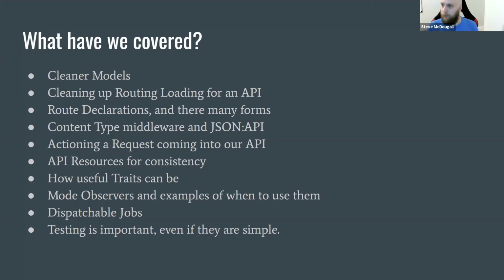Keeping our responses from our API consistent by using API resources, how useful traits can be, how to observe models and add additional behavior on key actions and events within our API, how we can use dispatchable jobs to background process less important synchronous actions that we might want to run. And then obviously testing. Always test your APIs, whether that's front end, back end, while you're writing it, while you're describing it.